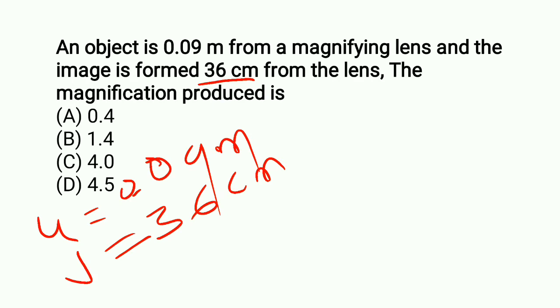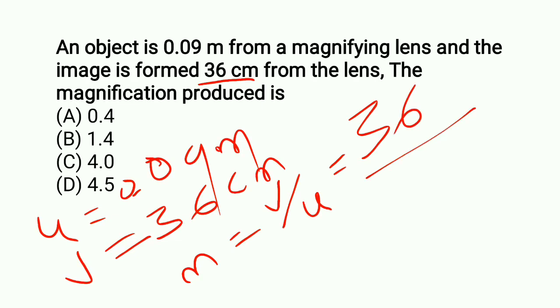We know the magnification formula, that is V divided by U. Now we have V as 36 and U as 0.09 meter.